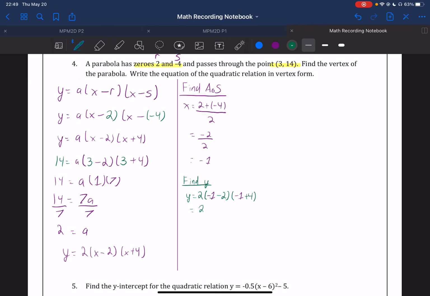So we get 2 times -3 times +3. 3 times -3 gives us -9. -9 times 2 gives us -18. So therefore, our vertex is -1 and -18.